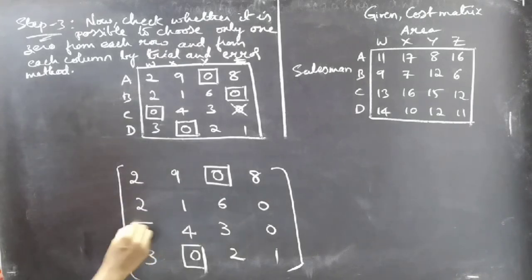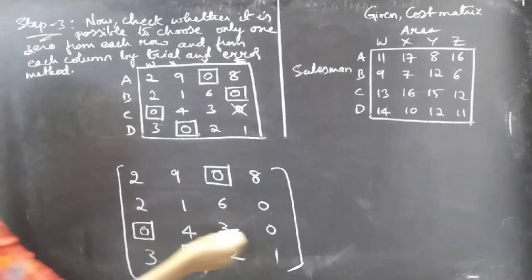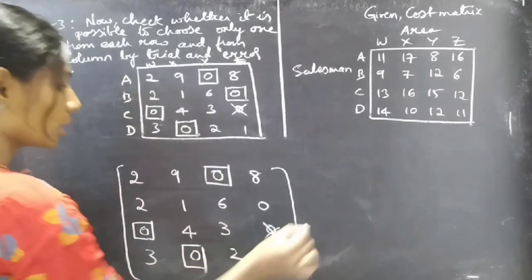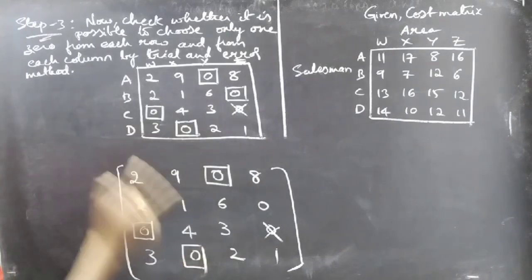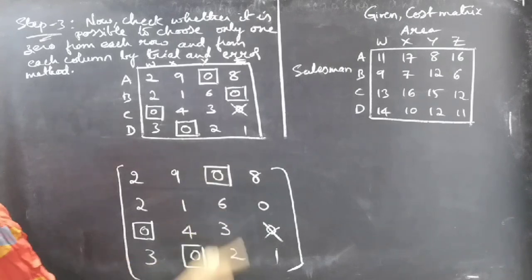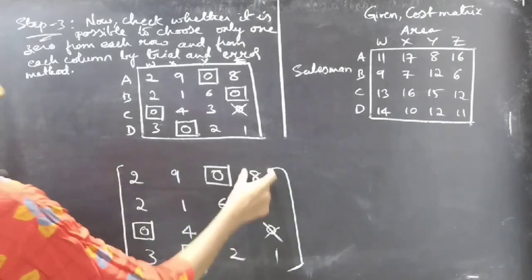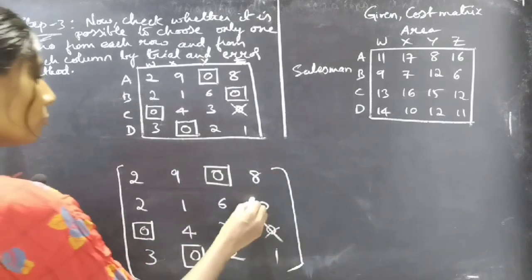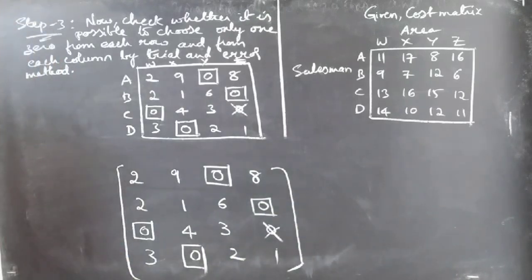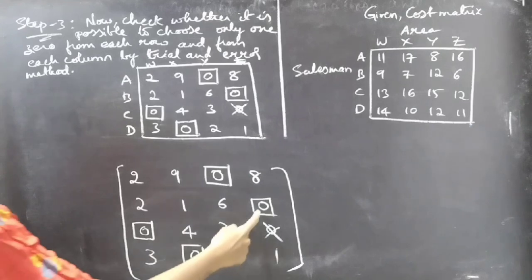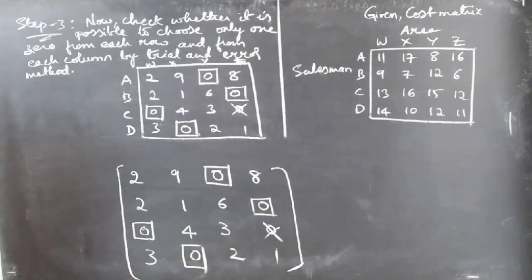So here we have no option, so we'll just assign the 0 and cross the corresponding 0 in the same row. In this column we have already assigned a 0, in this column also we have assigned a 0, but in the last column we have one single 0 now, right, which is not crossed or assigned, so we'll assign that 0, right?